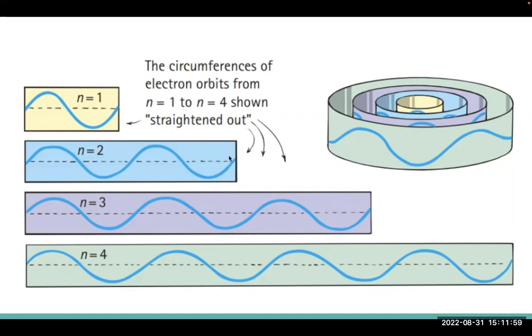When that wave is connected, like if these little bands here were connected and turned into the circle right here, the end would match up with that end. There's no weird little gap, right? So we get this continuous wave happening at whatever energy level around the nucleus.